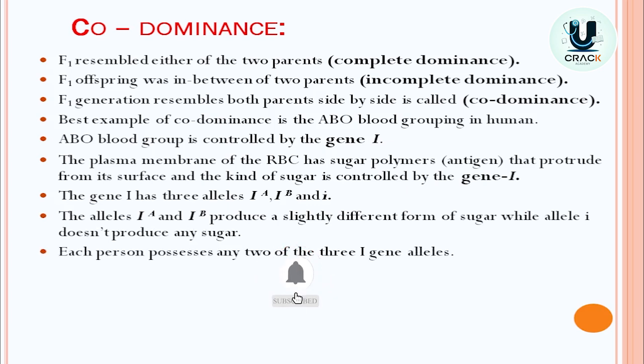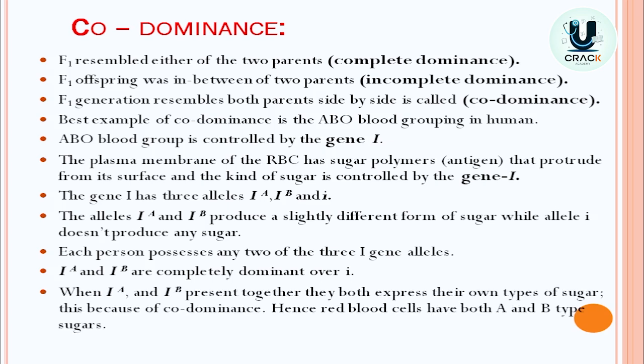Each person possesses any two of the three I gene alleles. A and B are completely dominant over i. When A and B are present together, both express their own sugar because of codominance. Hence, RBCs have both A and B type sugar.